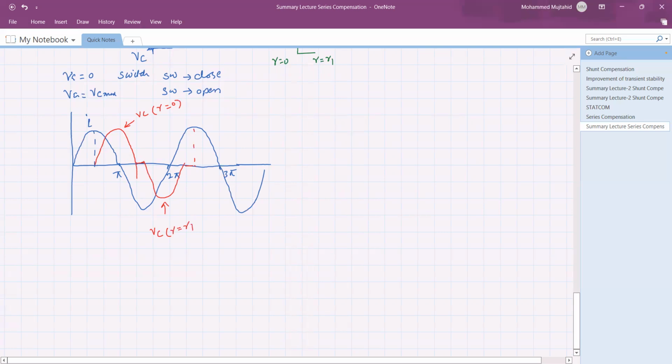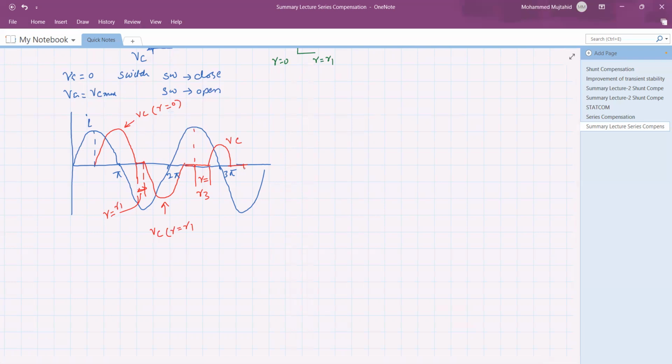So this is the angle, gamma is equal to gamma 1. Now again there is a delay in the turn-off circuit, so it will give a smaller voltage, and this is gamma is equal to gamma 3, isn't it? So we found that we can obtain the variable voltage across the capacitor, and this is our objective, to obtain the variable voltage across the capacitor.